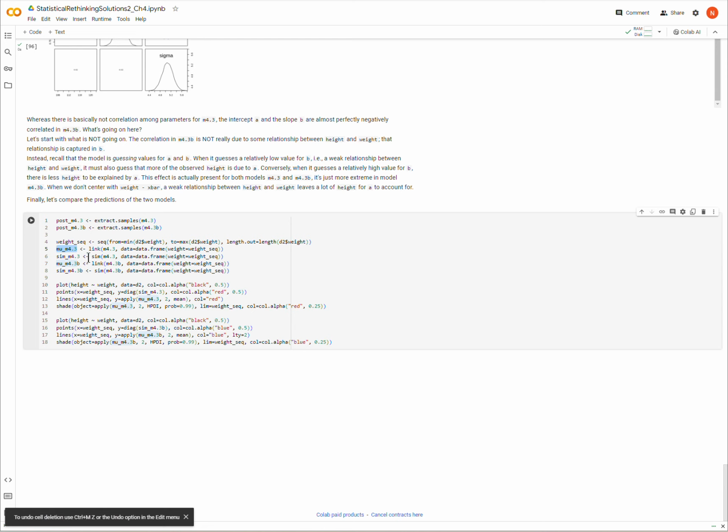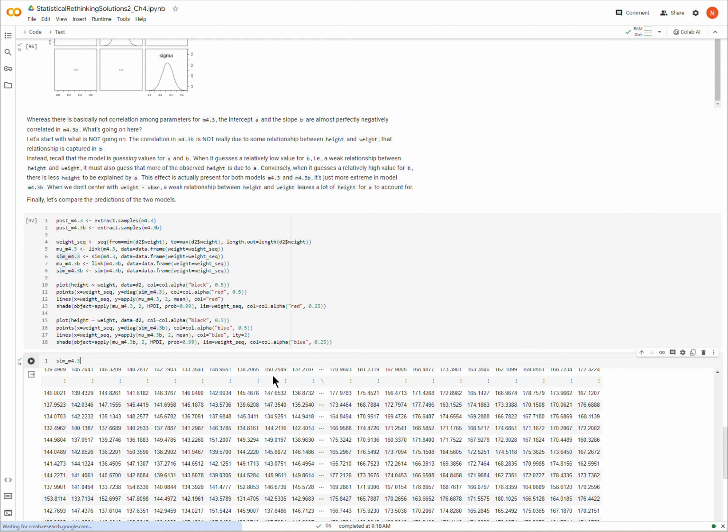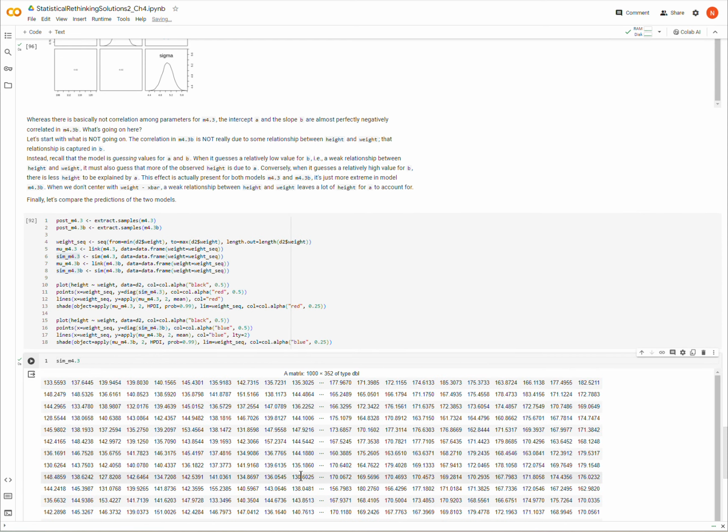Now, similarly, we can simulate data with the sim function, and we'll also be plotting this. So what does the sim function give us? It gives us something similar, but not quite the same. Again, as we march across here, this is giving us height values at each of the different weights that we're looking at.